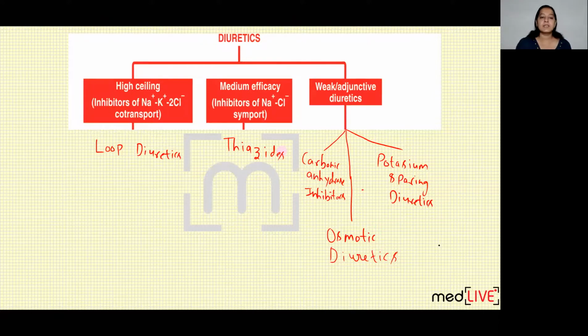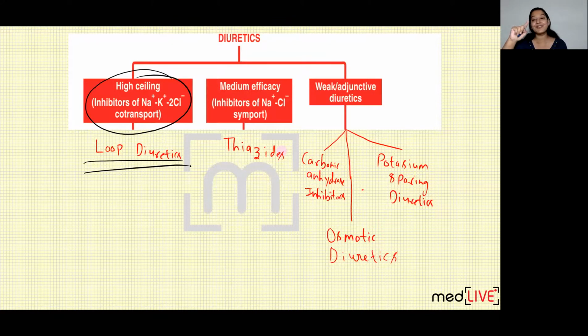Can you see it? So this is high ceiling diuretics. High ceiling diuretics are also known as loop diuretics. What was the prototype drug here? Yes, can anyone tell? That was furosemide. Medium efficacy diuretics are also known as thiazides. And weak diuretics had three classes. Remember it.